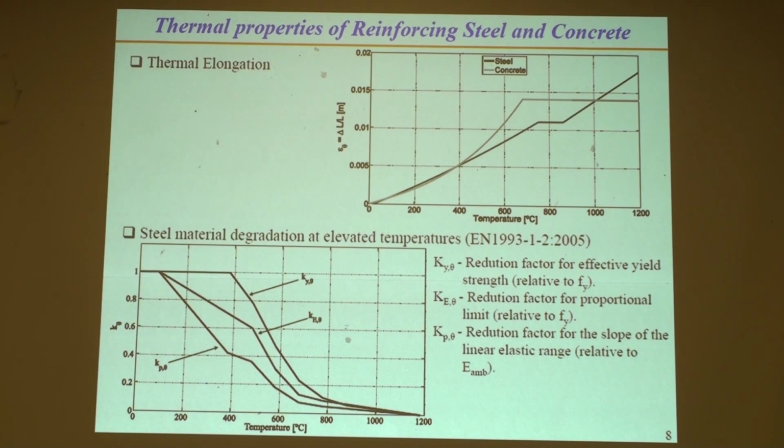For example, if you look at the yield force, up to about, let's say, 400 degrees Celsius, you don't have any loss in effective yield strength, but then very quickly you start reducing your effective yield stress.